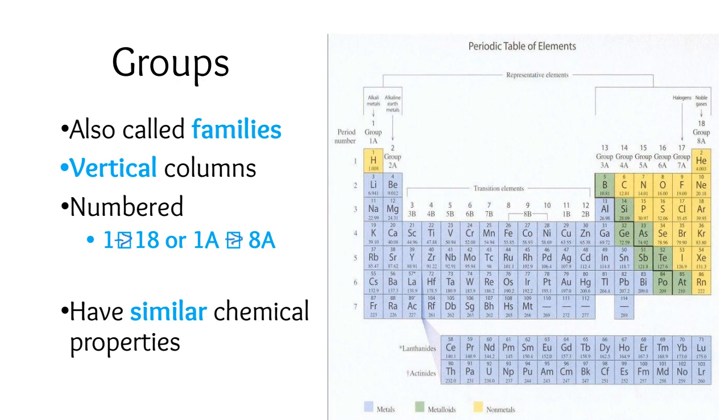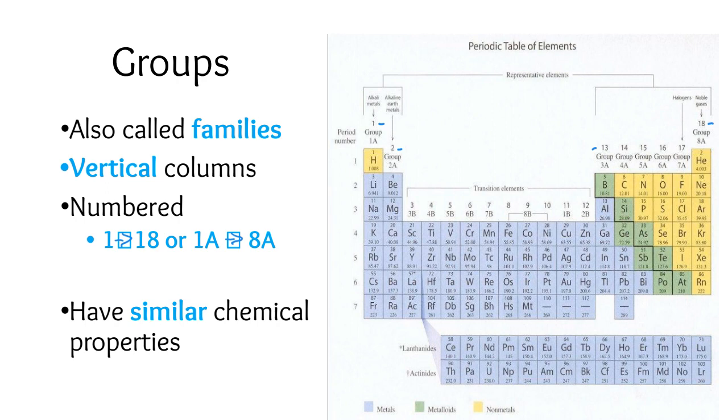So right now, the important columns for us are going to be 1, 2, and 13 through 18. We're not going to focus on that center section right now because it's a little bit different and doesn't necessarily follow all of the standard rules compared to everything else.